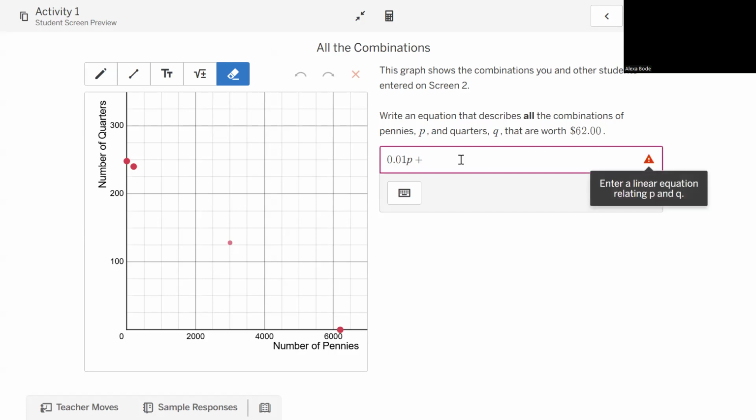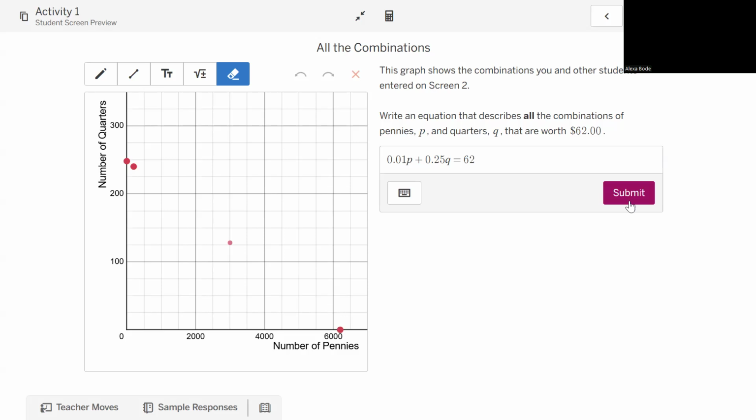Plus our quarters are worth 0.25 times Q. Q is our quarters. So it's 25 cents per quarter equals our total of $62. And notice that that equation drew a line through all of the points.